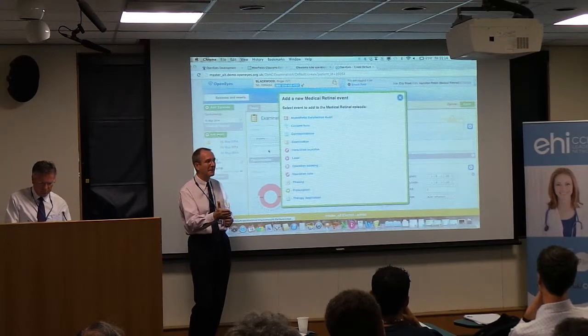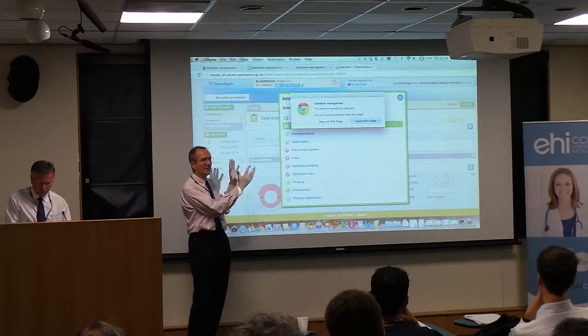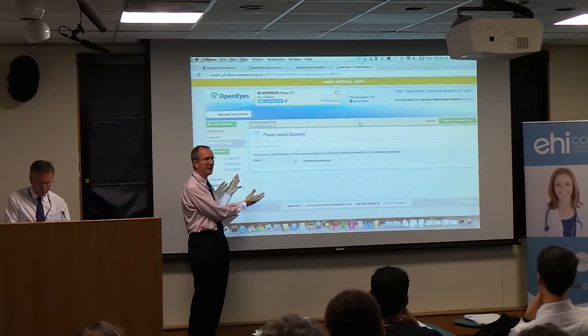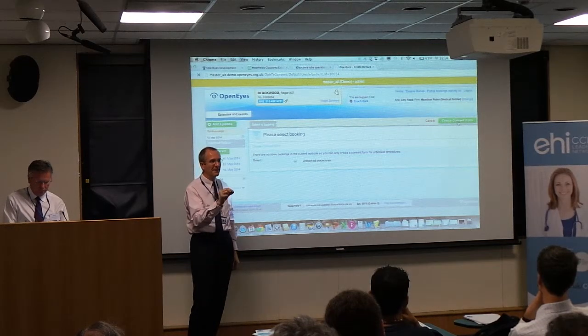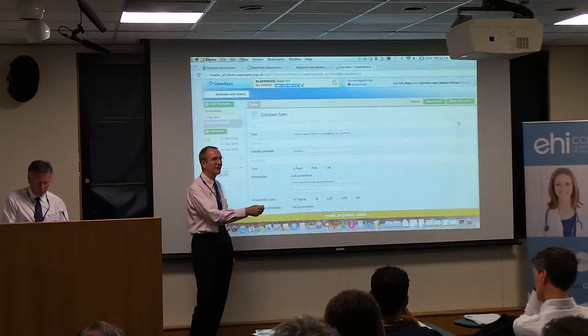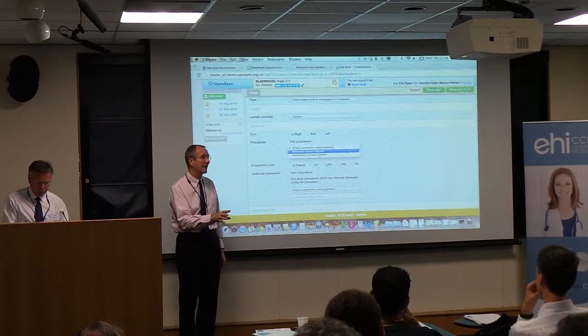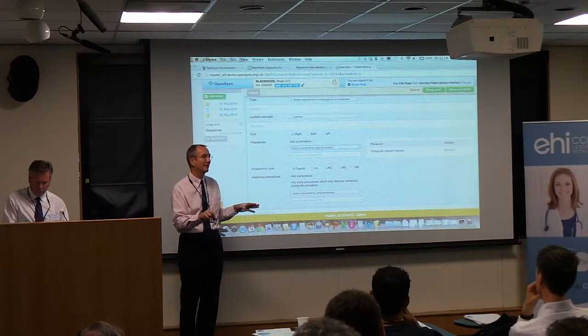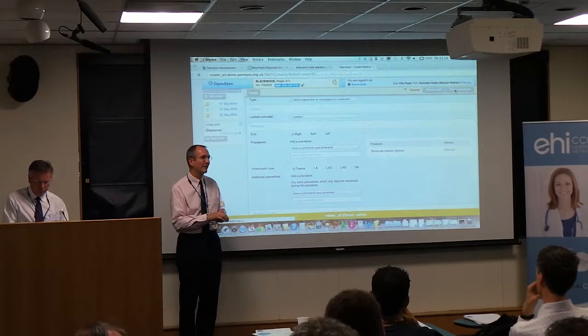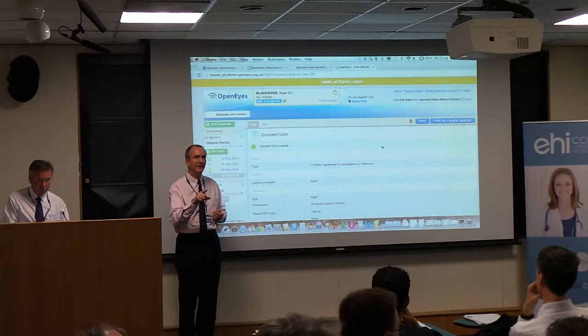It's printed out, and there's an electronic record for people to see. But at the moment, the patient signs the printed out copy, and that goes into the paper notes. But we need to deal with that because in a year or so, we want to have no paper notes around the system.